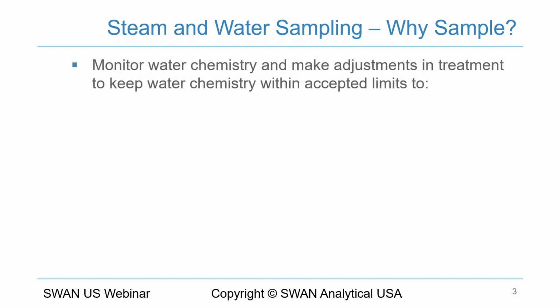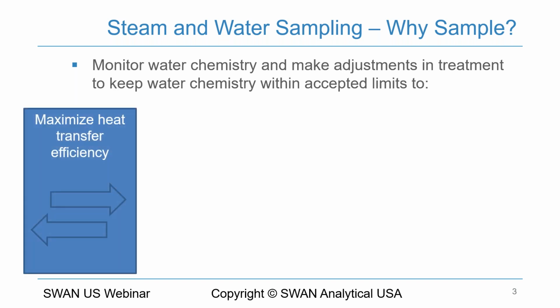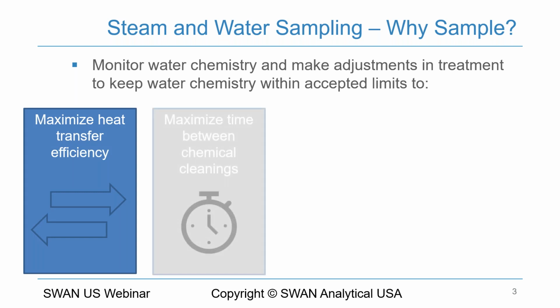So, steam and water sampling. Why do we sample? Basically, it's so that we can monitor the water chemistry and make the adjustments in the treatment needed to keep the water chemistry within the acceptable limits. So we can maintain the heat transfer efficiency and maximize it. Also, so that we can maximize the time between our chemical cleanings.